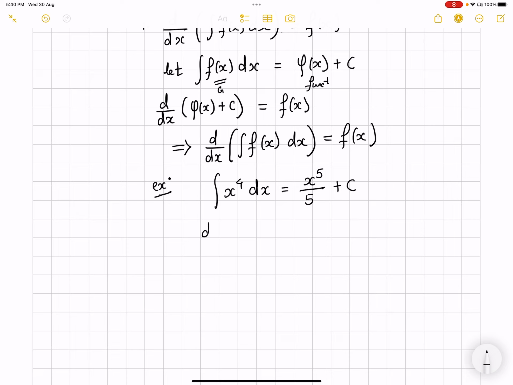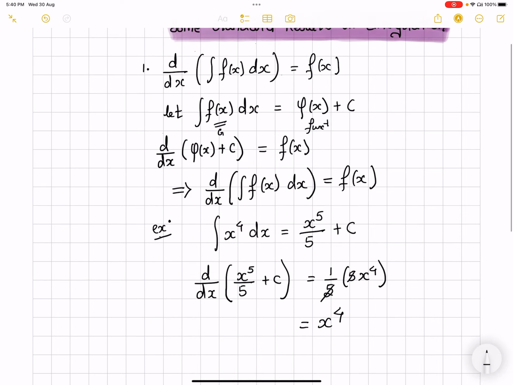Now when I differentiate d by dx of x power 5 by 5 plus c, you would be getting 1 by 5 into 5x to the power 4 plus the derivative of c. When I differentiate c, it becomes 0. So 5 gets cancelled. I get x to the power 4. So that is what it is all about.